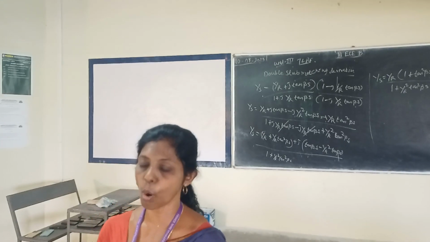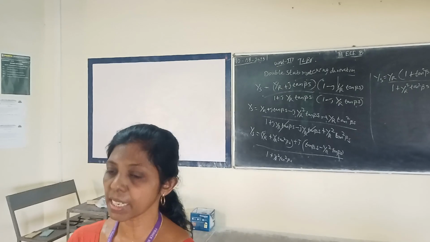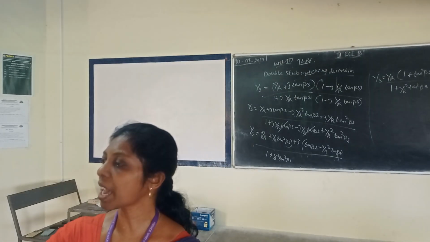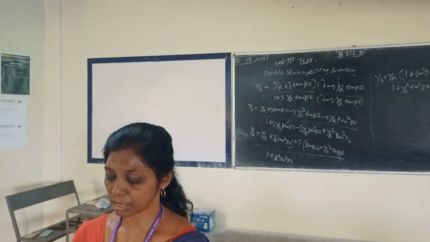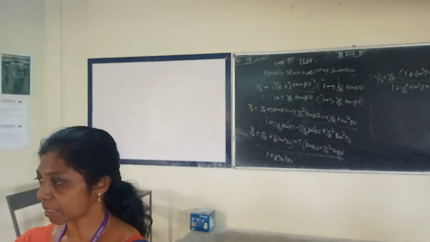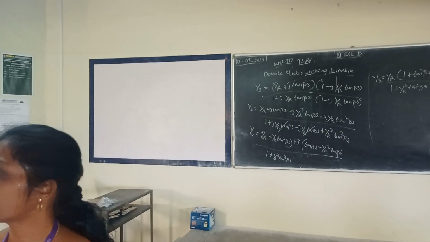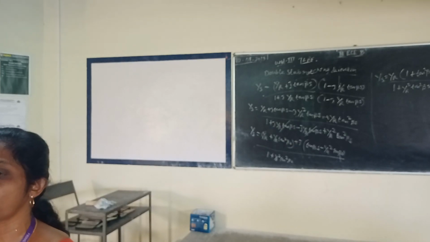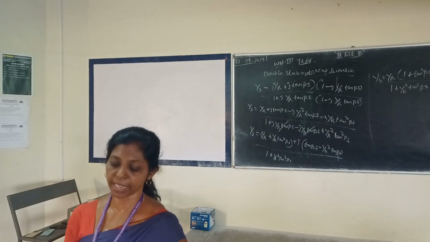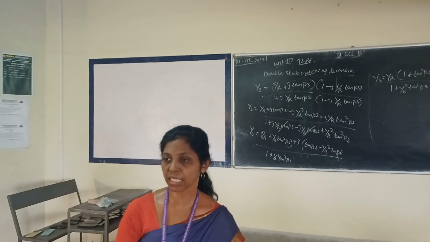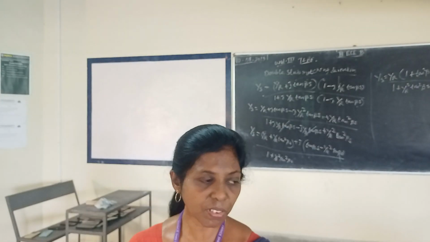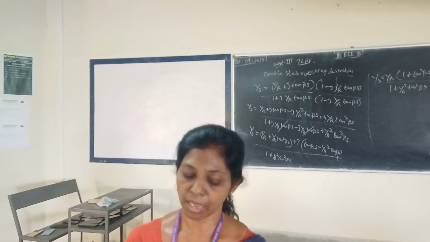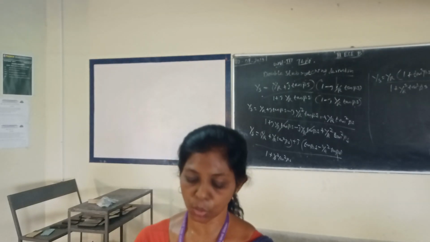Now step 1 is located at point A. Put a hyphen and write A dash. Step 1 is located at point A to A dash, at a distance S equal to D1 from the load.